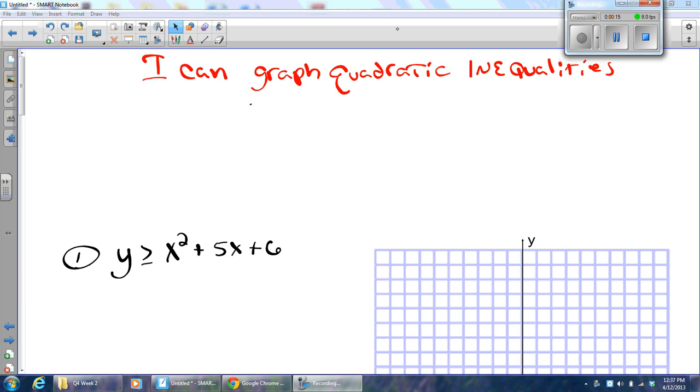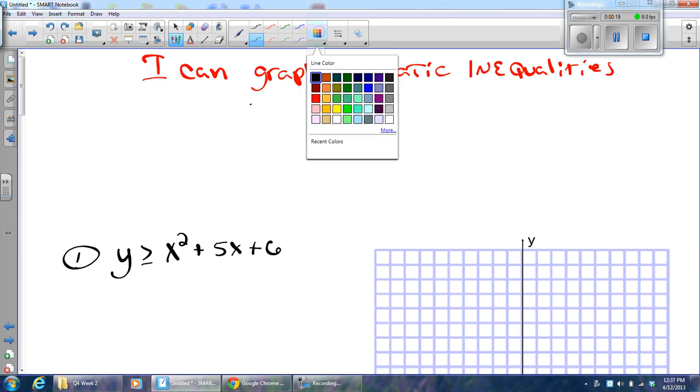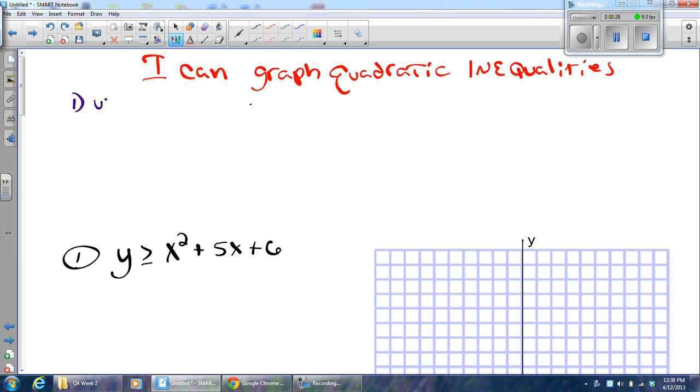Now remember, when we went to graph quadratic equations, we did a couple of things. First of all, step one was to use the discriminant, the b squared minus 4ac part of the quadratic formula, to find out how many solutions.